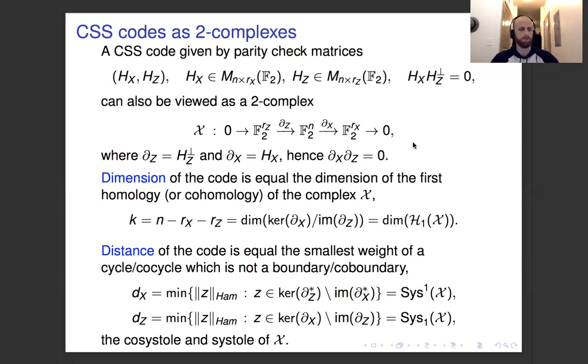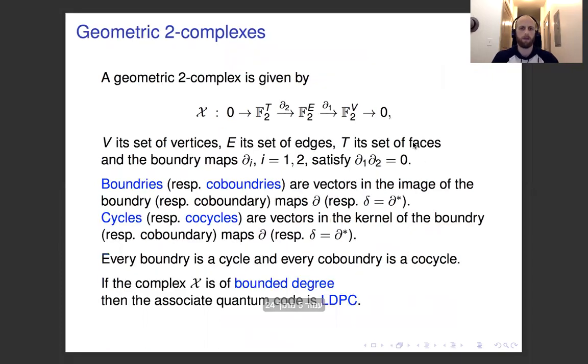Okay, so this is a new language that could be made useful depending on whether you understand the geometric object. I don't want to spend too much time on this slide. This is just an intuition about 2-dimensional chain complexes.